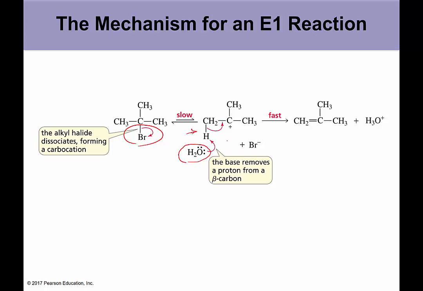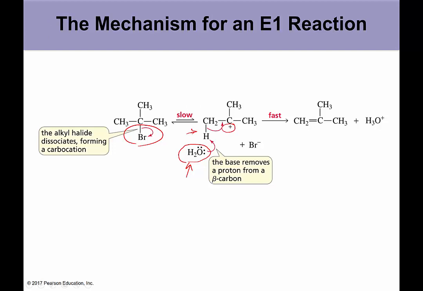So then people often ask the question, well, how can this water, which is a bad or a weak base, how can it remove a hydrogen from an alkyl group? Because alkyl groups have very high pKa's, they're not very acidic, and water is a really weak base, so it doesn't make any sense. The answer actually is in this carbocation.